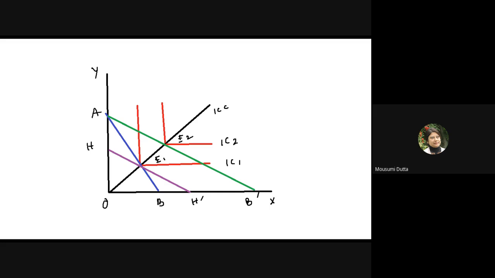In case of perfect complements, the substitution effect of a change in the price of one good is 0.